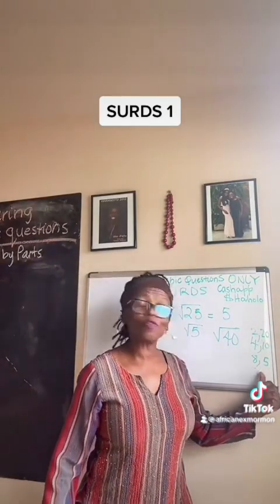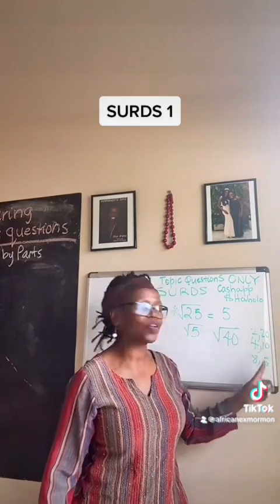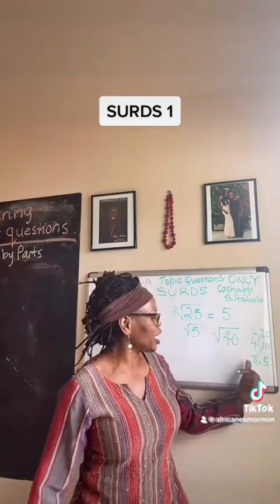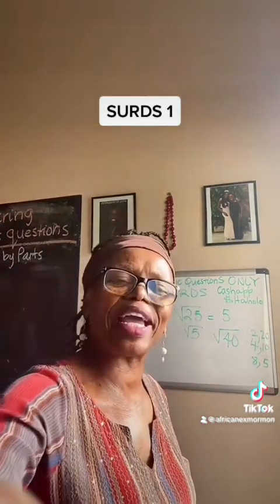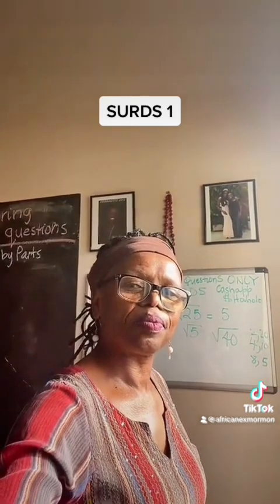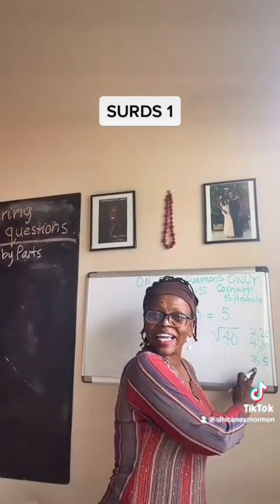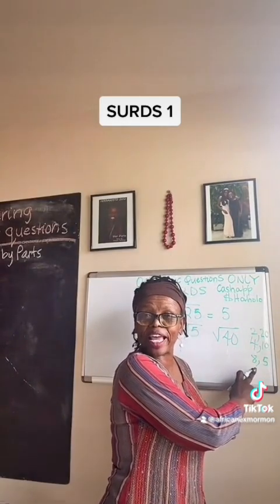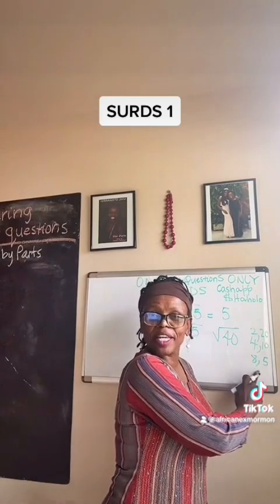Now, of these three pairs of numbers, where can you determine a square root? Can you find the square root of 8, or of 5?